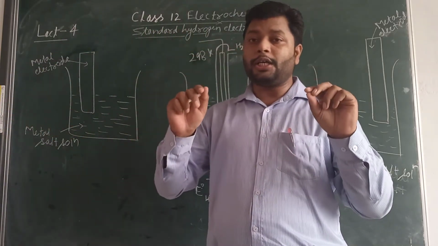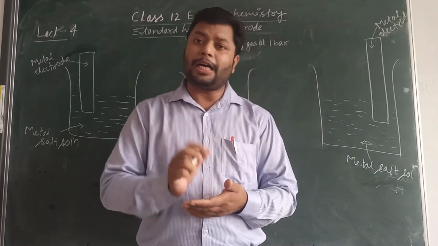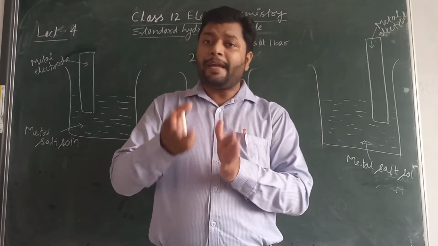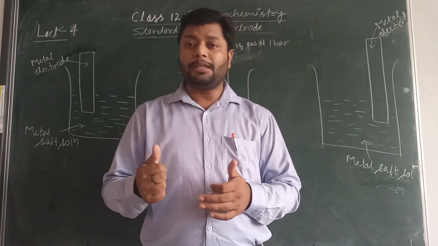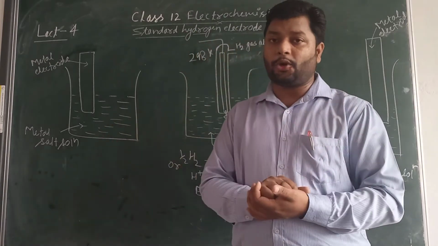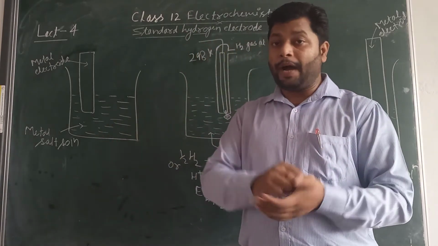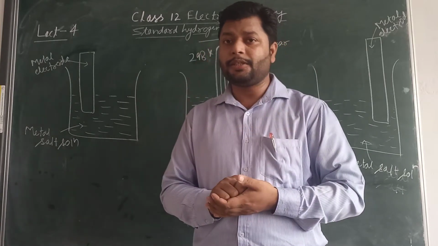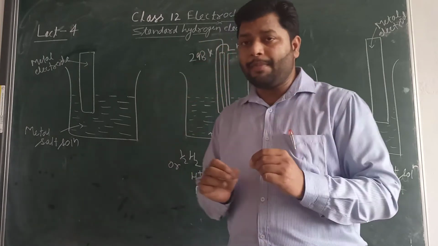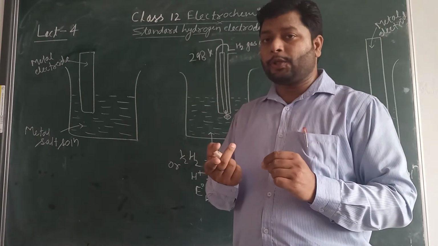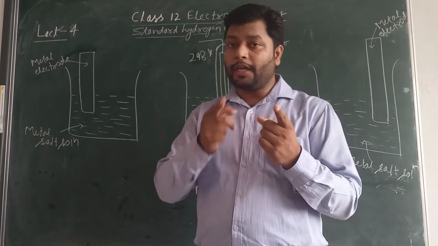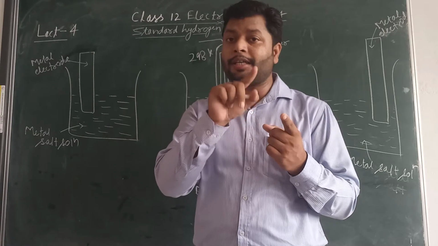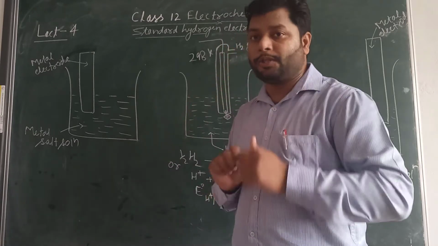We will take two different types of metals or non-metals that may be opposite to the standard hydrogen electrode. For understanding, first just note this: in an electrochemical cell, any one electrode acts as the cathode and the other must act as the opposite, called the anode.